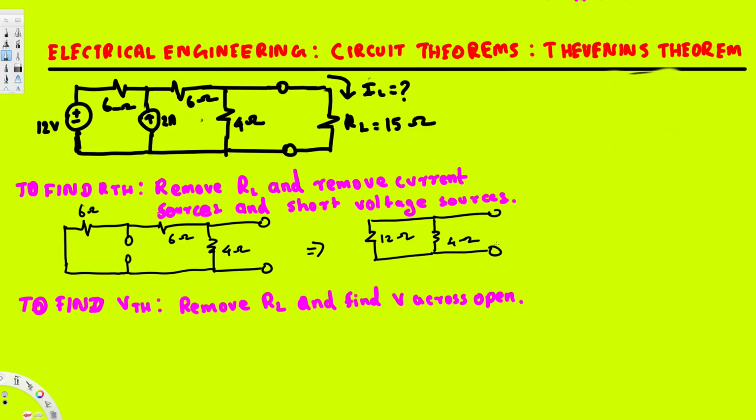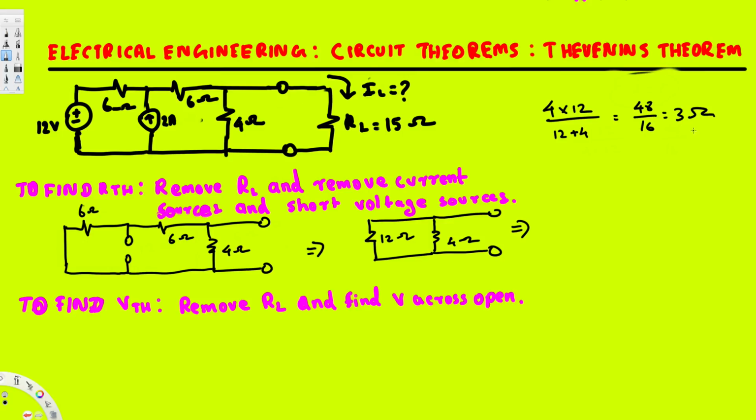and these two are in parallel, so we can find the equivalent resistance by simply multiplying those two and dividing by the addition. 12 times 4, 48, divided by 16, so it's equal to 3 ohm, right?